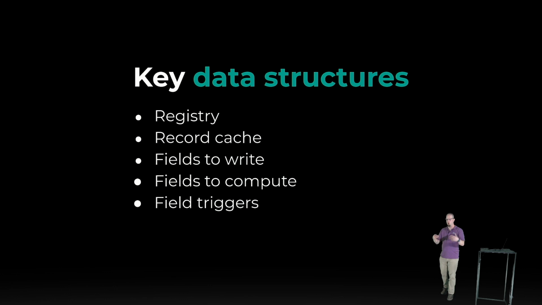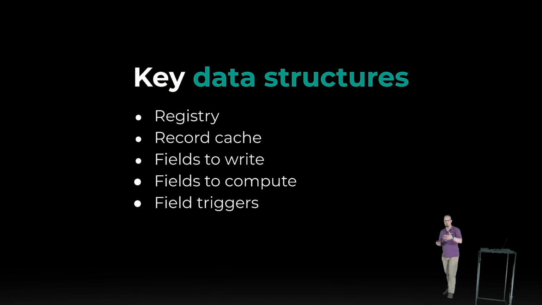So all the core operations of the ORM can be easily described, and you can infer mostly what's needed to perform them in terms of those data structures. So I'm going to focus on the role of each data structure and also on how it's implemented and why it's implemented in a certain way.